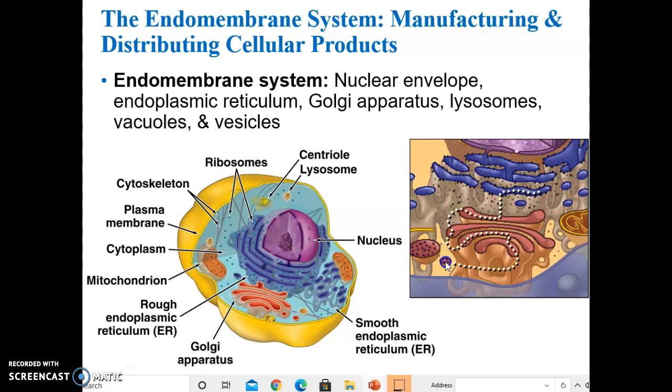And then those proteins are a type of protein referred to as digestive enzymes. So a lot of elaborate stuff going on in our cells.